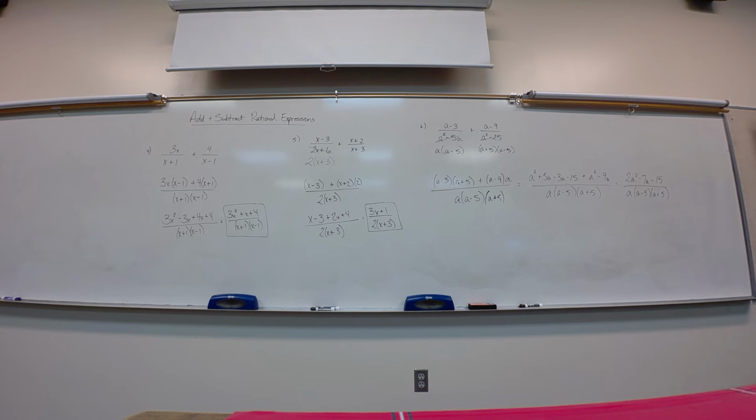Now look at that numerator. I don't know if that numerator factors or not, 2a squared minus 7a minus 15, but I better think about it. Because if it factors and reduces, I've got to make sure it's reduced. So I get that square, and that should be immediately entering into your mind. Say, wait a minute, that might factor.